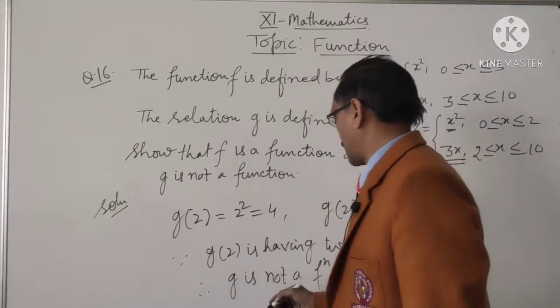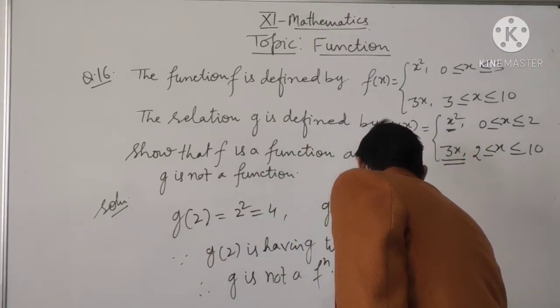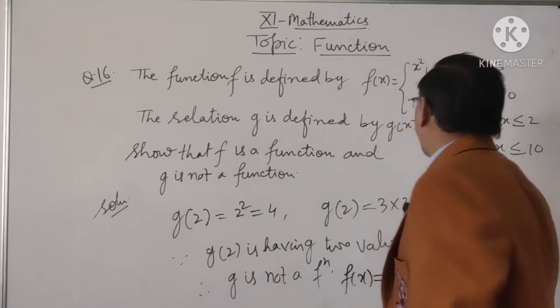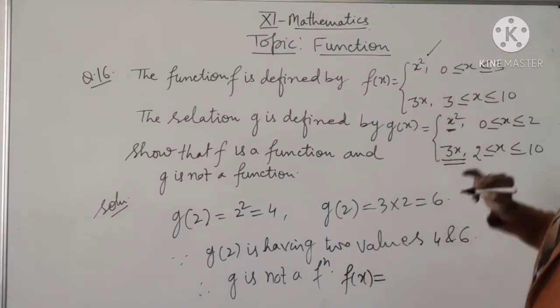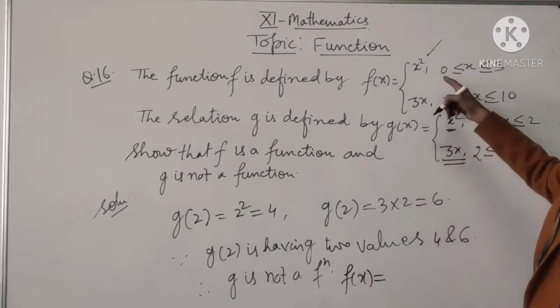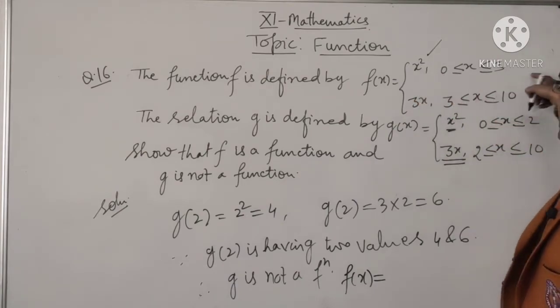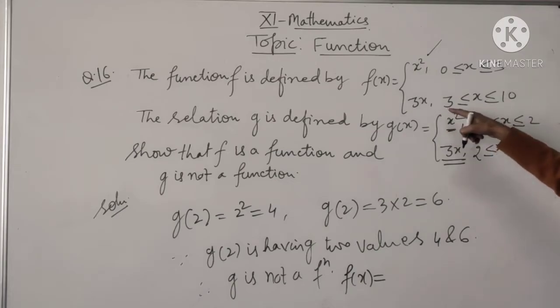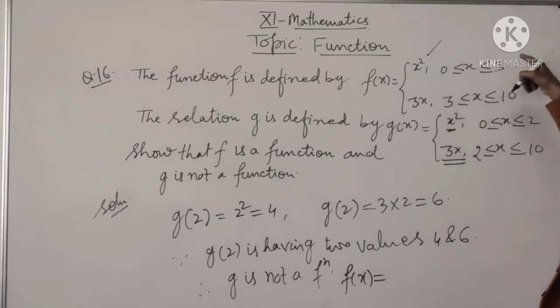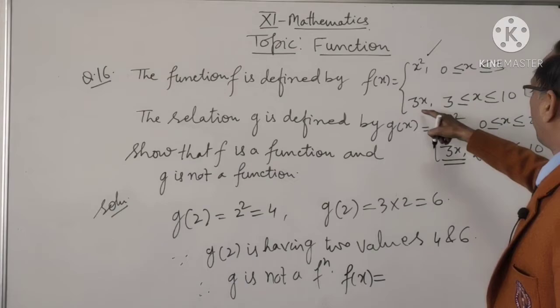Now let us discuss f(x). Here f(x) is defined for each and every value of x. When it is 0 to 3, each number has a unique square. When it is 3x, then each number has different values.